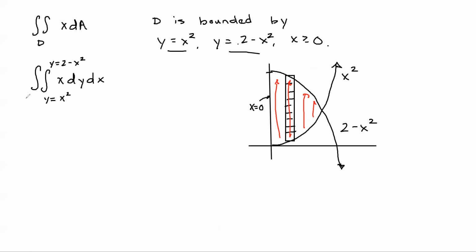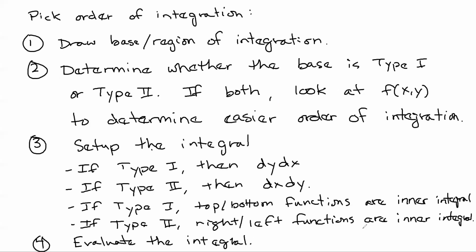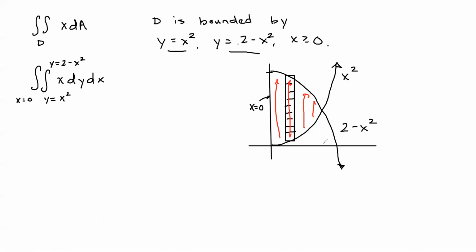And then we need to go from x equals 0. That's the left-hand side. I didn't write that down because I ran out of space. But the left and right are the outer bounds for type 1. Here, we need to know what this point is to figure out our upper bound. How could we find that? We have a function that's x squared and a function that's 2 minus x squared.